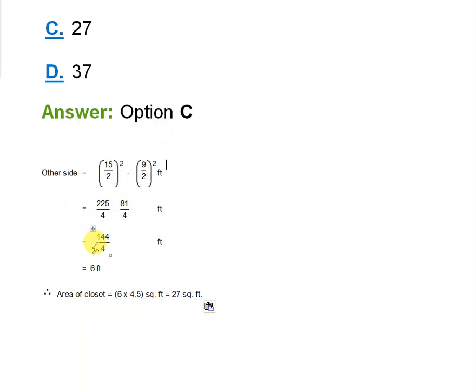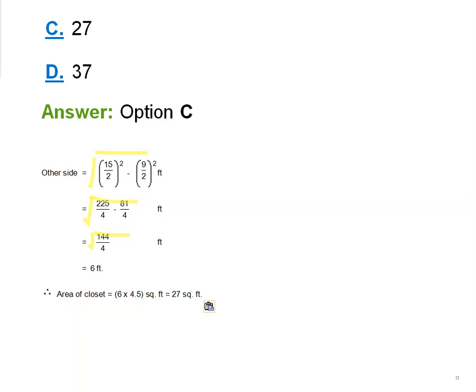After solving this, you get the answer as 6 feet. This is an under root as well. So after solving this, you can calculate the area of the closet, which is 6 feet into 4.5 feet, which will be equal to 27 square feet.